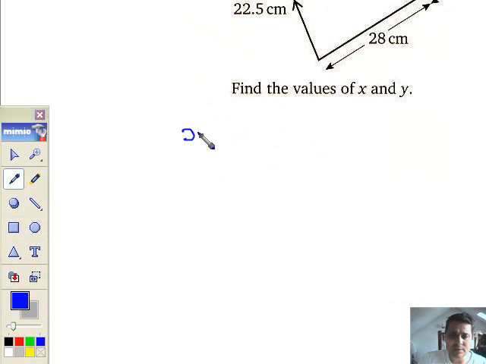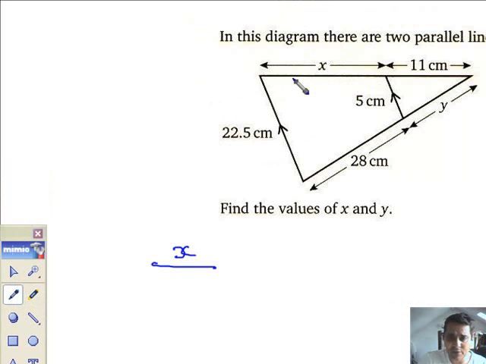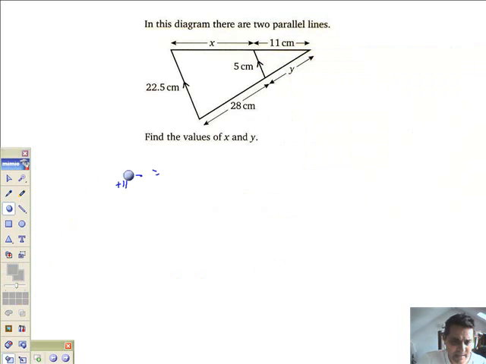So x is what I want, so x divided by the corresponding long length of x plus 11 equals, so I went little over, sorry, let's think again. I've done this wrong. Let me just think again. I got caught out. It's little over big.